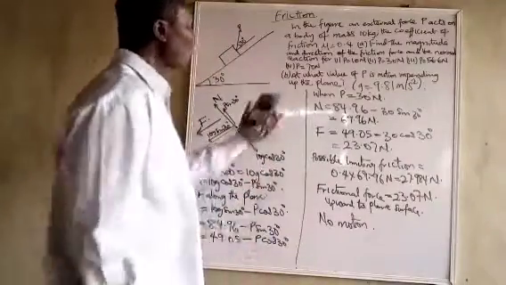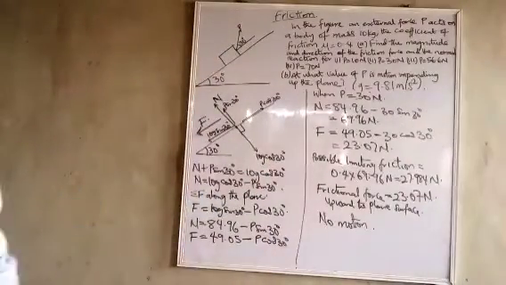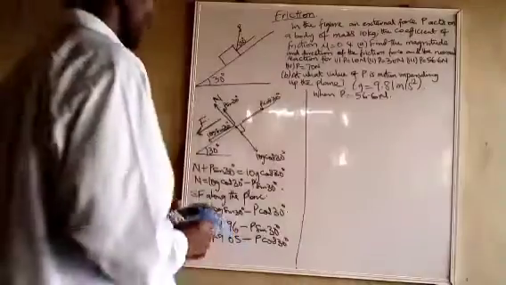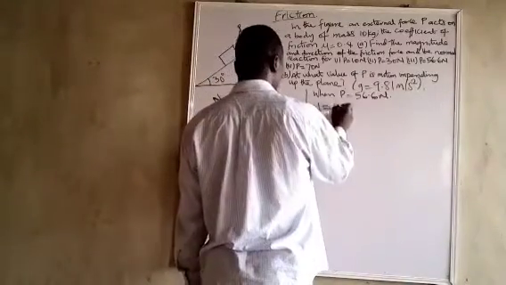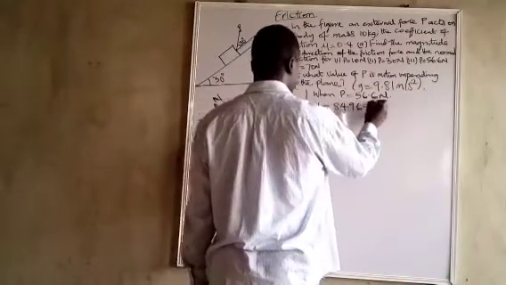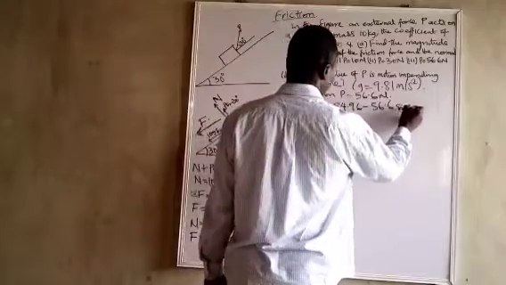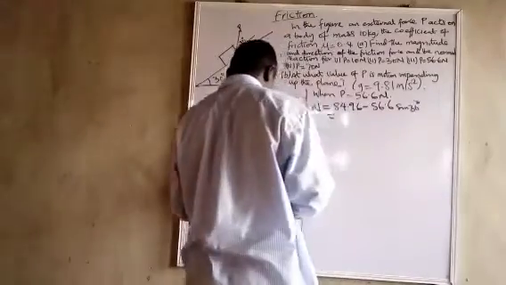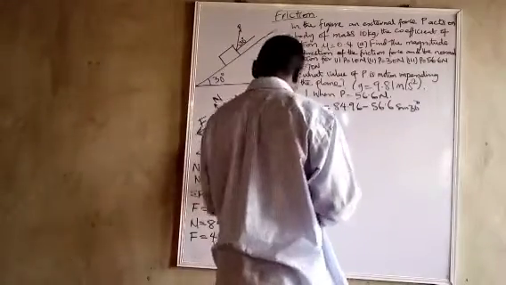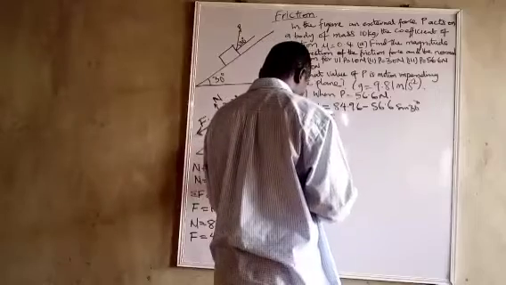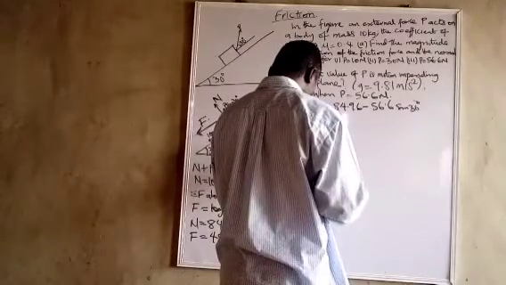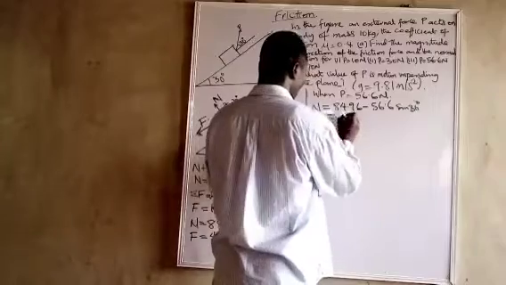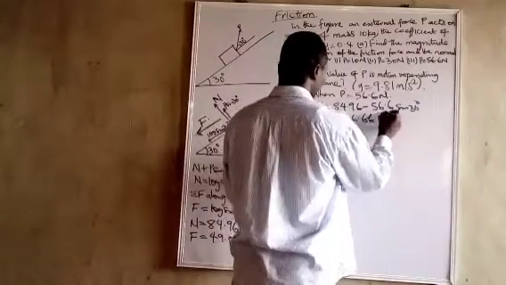Now let's check when P equals 56.6. So when P equals 56.6, N will be equal to 84.96 minus 56.6 sin 30 degrees. And that is 56.66 Newton.